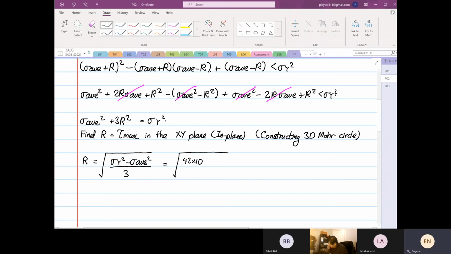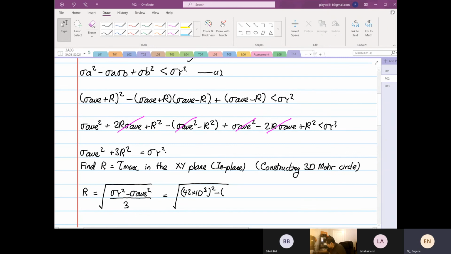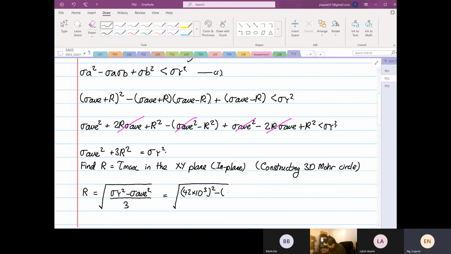times 10 to the power 3, squared, minus our stress average, which is equal to, let me go to the previous page, 16.977 minus 16.977 times 10 to the power 3 squared, and then the whole thing divided by 3.